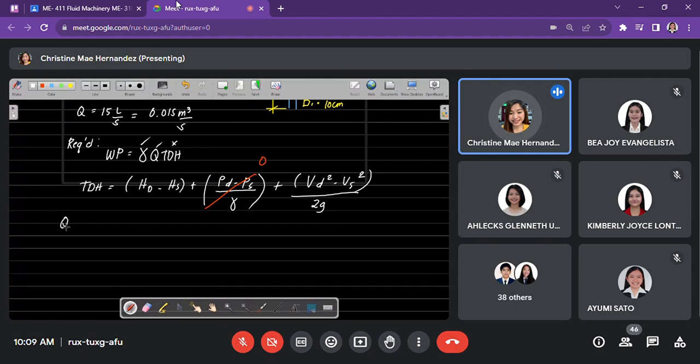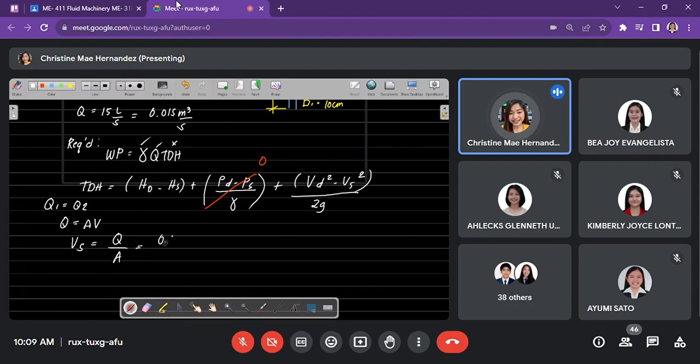So, Q is equal to area times velocity. So, unahin natin ang velocity at suction. Equal ang Q, di ba? Q in is equal to Q out, or Q1 is equal to Q2, over area.